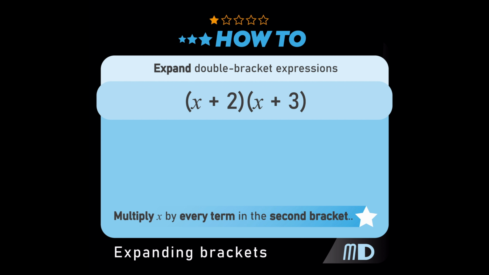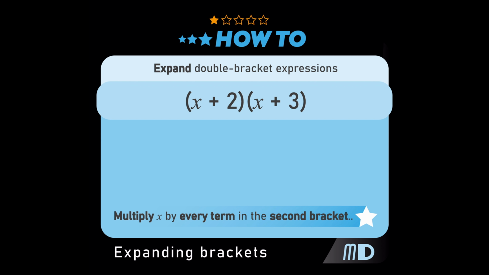The expression here is x plus 2 enclosed inside one pair of brackets, multiplied by x plus 3 enclosed inside a second pair of brackets.